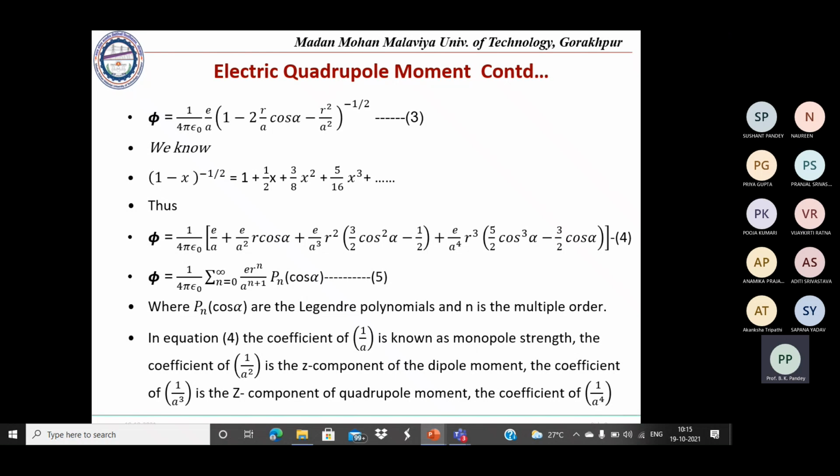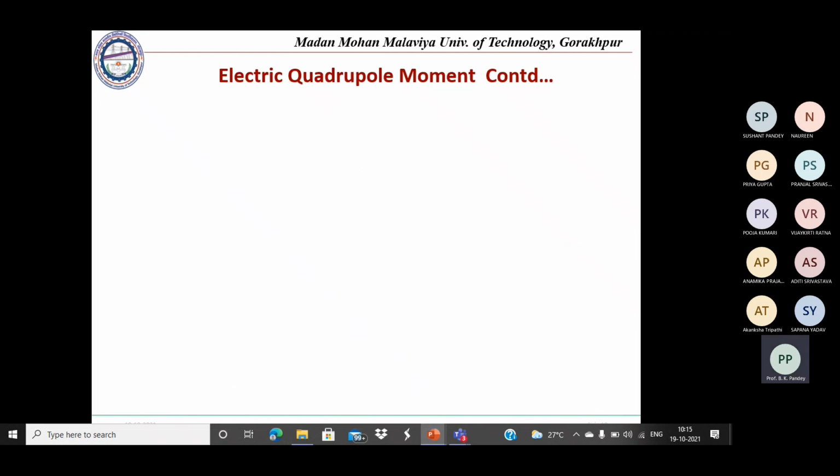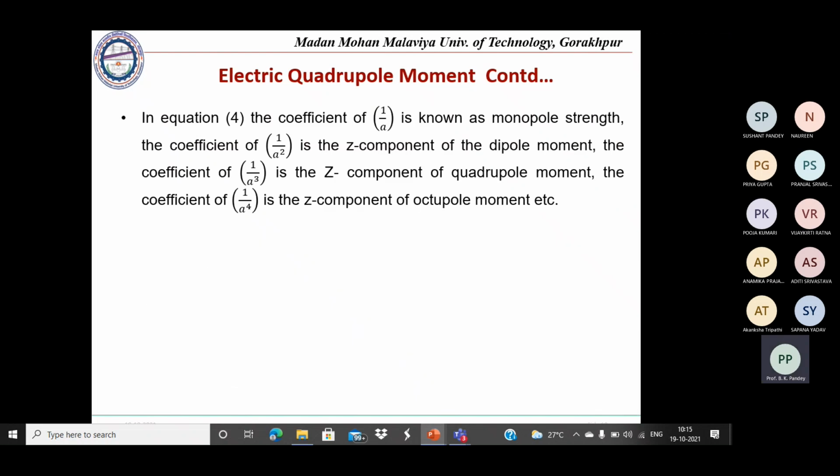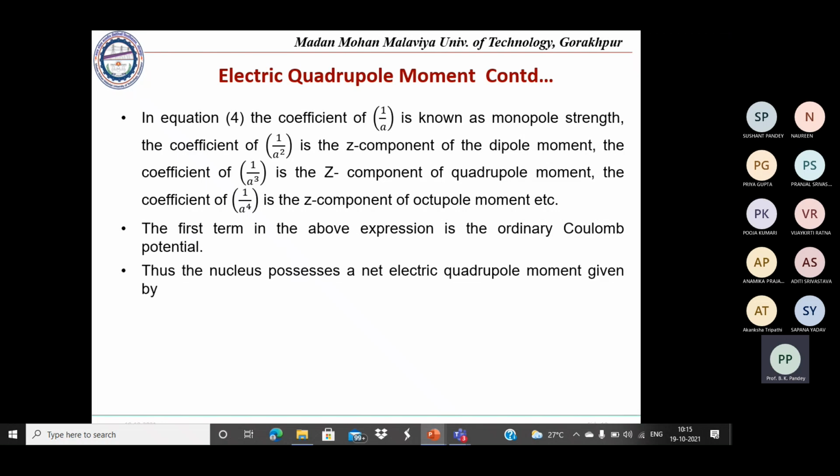The coefficient of 1 upon A cube is the z component of the quadrupole moment. The coefficient of 1 upon A to the power 4 is known as the octopole moment, etc. The first term in the above expression is the ordinary Coulomb's potential.